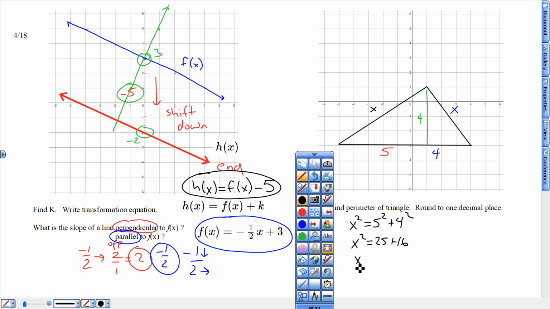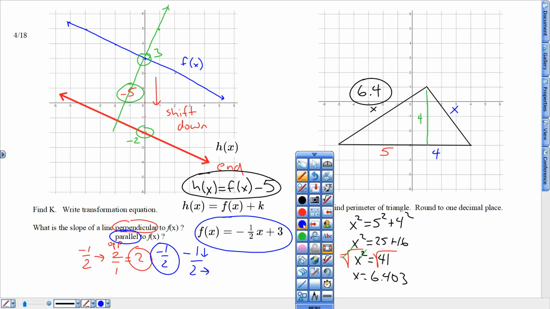Gives me x squared equals 41. When I square root that, remember these cancel away. That gives me x equals 6.403. So that rounds to 6.4.